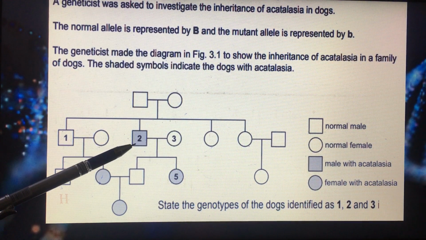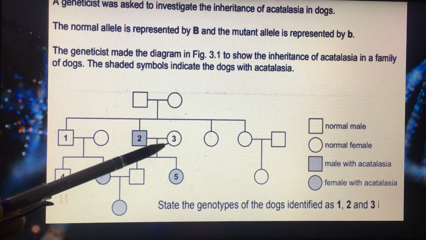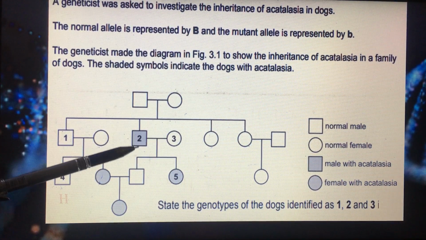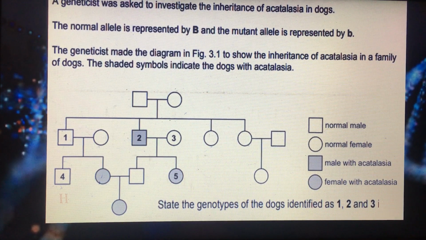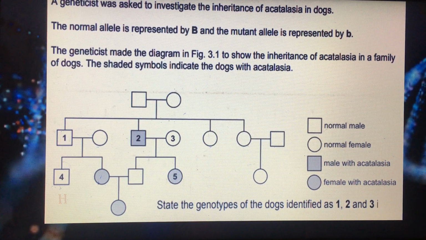So here B small, B small. To produce number 5, B small, B small, we need here, because it's normal, we need B capital, B small. B small will connect with B small to produce number 5, B small, B small. So this one, B capital, B small.